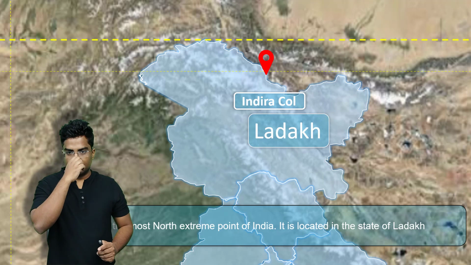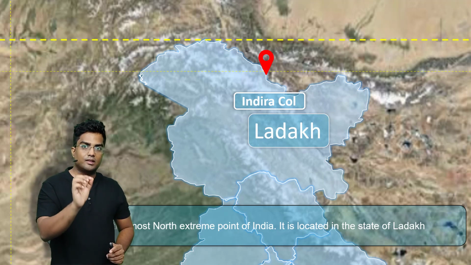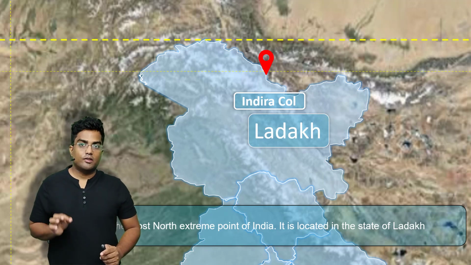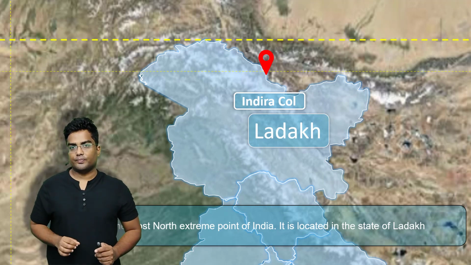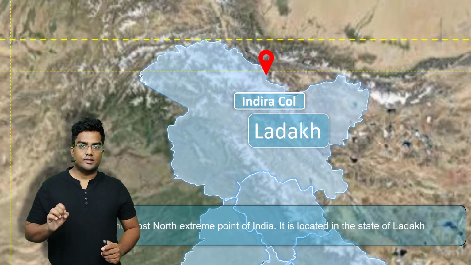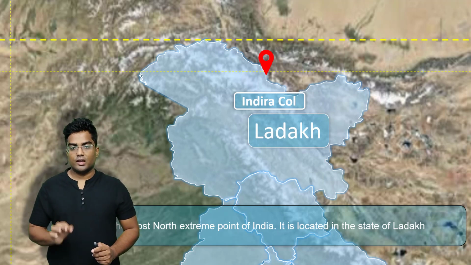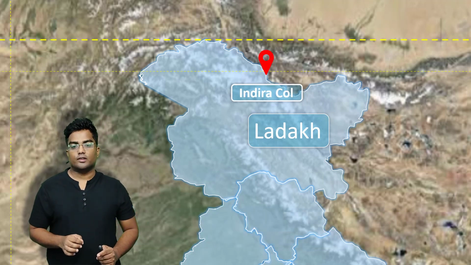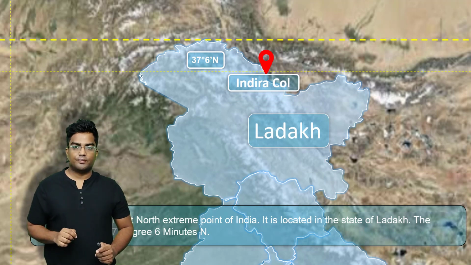As you can see, there is a mismatch between the extreme northern point and the point that we are mentioning. The extreme northern point, unfortunately, is with Pakistan. It's not in India. The closest region that comes as north is Indira Col, and this is essentially our 37 degrees 6 minutes north.